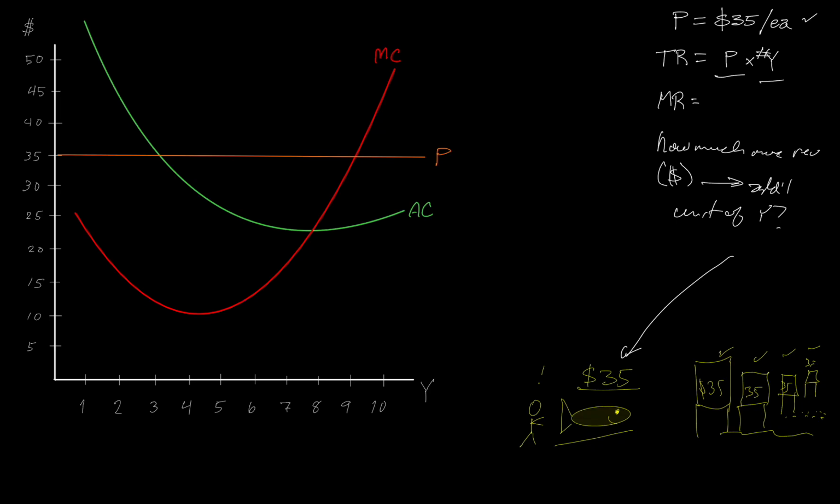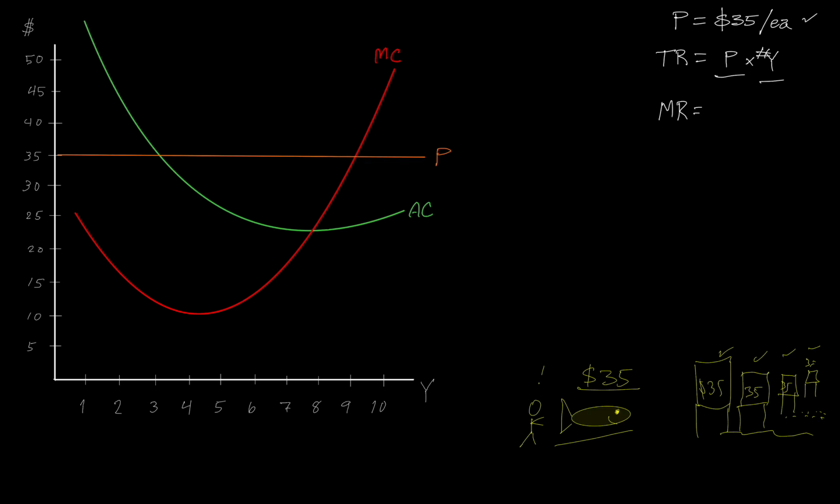So if I sell one fish from 0, my total revenue is obviously $35. But my marginal revenue from going from 0 to 1 is 35. That's the additional revenue I realized by selling one unit. So I just made my first sale of the day.